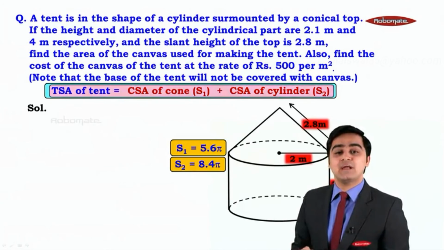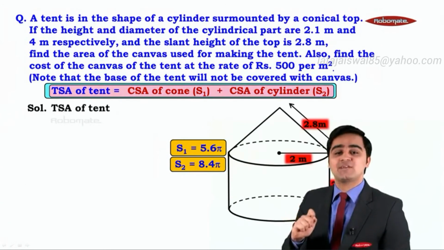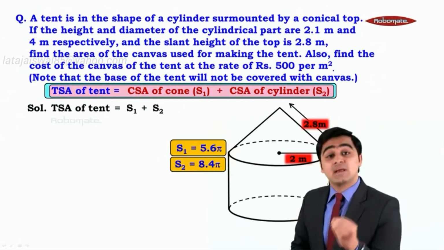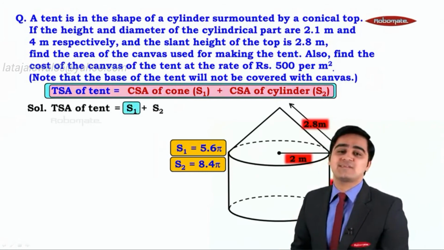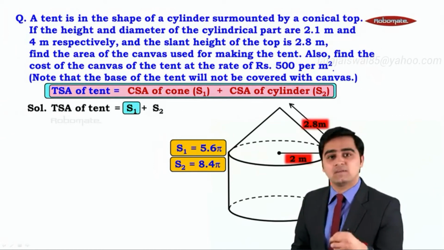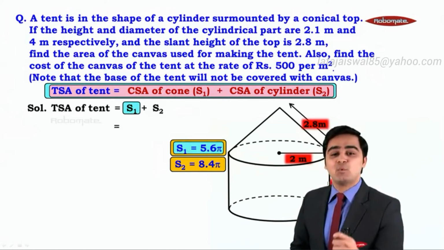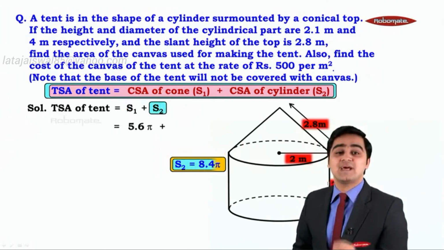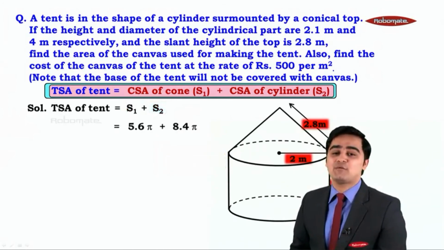Let us proceed further and now let us calculate total surface area of the tent, which is equal to S1 plus S2, where S1 stands for curved surface area of the cone, and it is 5.6 pi. S2 stands for curved surface area of the cylinder, and yes, it is 8.4 pi.